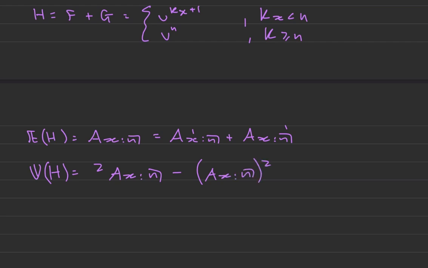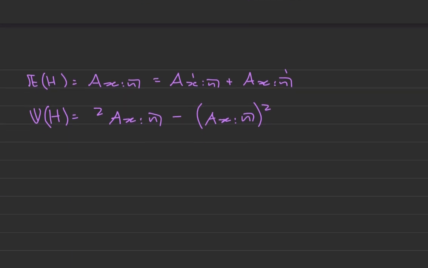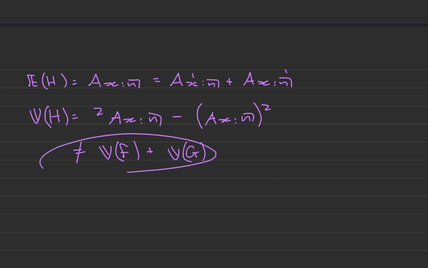Okay, and note that this is not equal to the variance of f plus the variance of g. And why would it not be equal to that? Because of covariance.